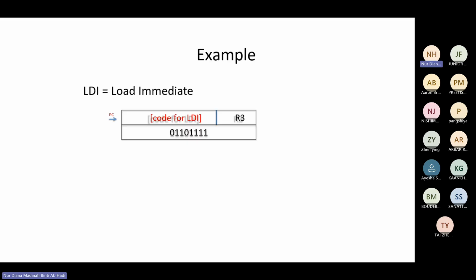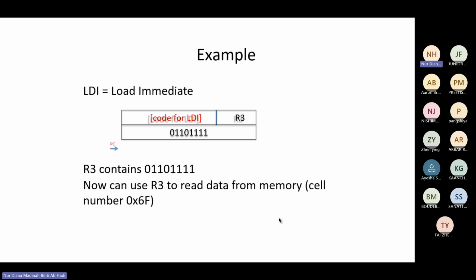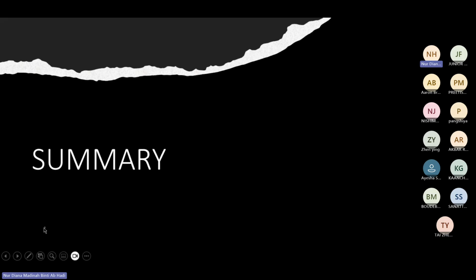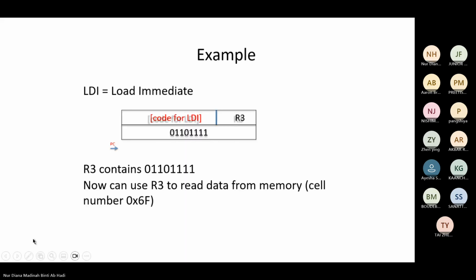So for example, LDI means load immediate. So your PC will point, and you will have your code for LDI. You're going to put it in R3. So this will be your code. Once your instruction is decoded, it is about to be executed. So your R3 will contain the binary bits.